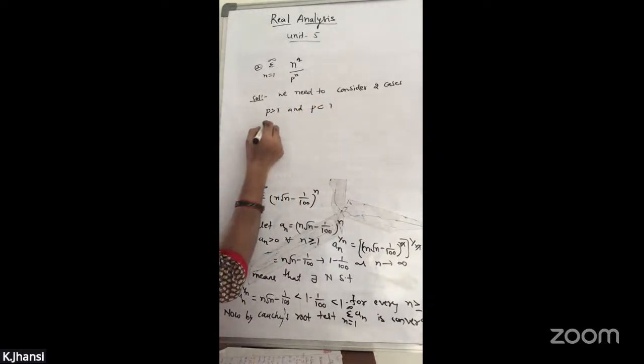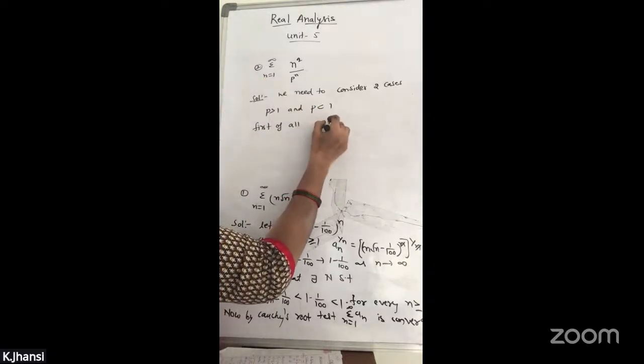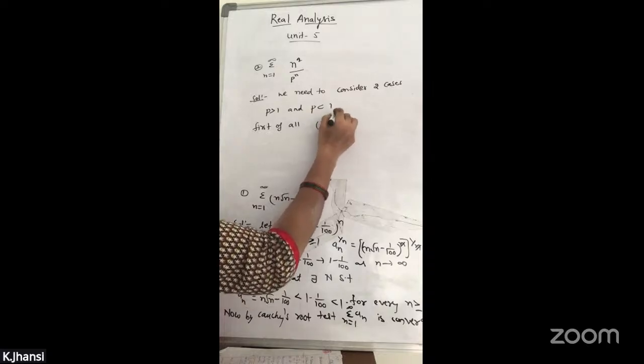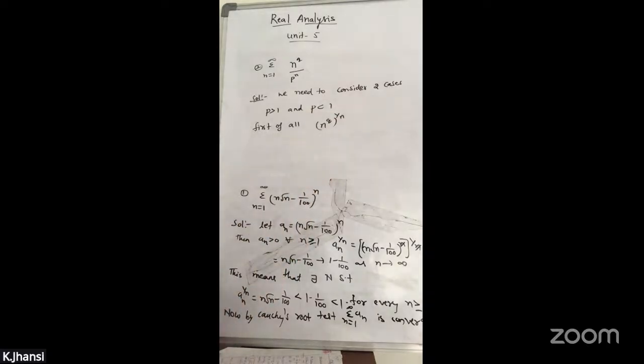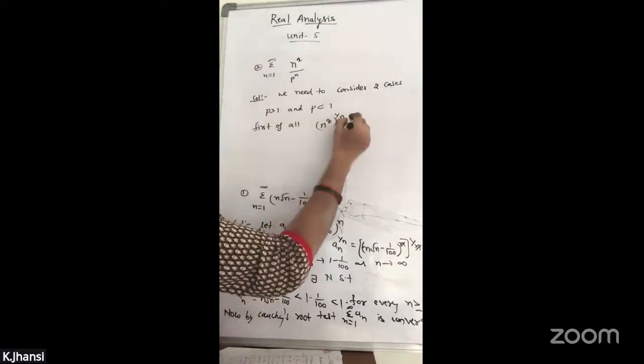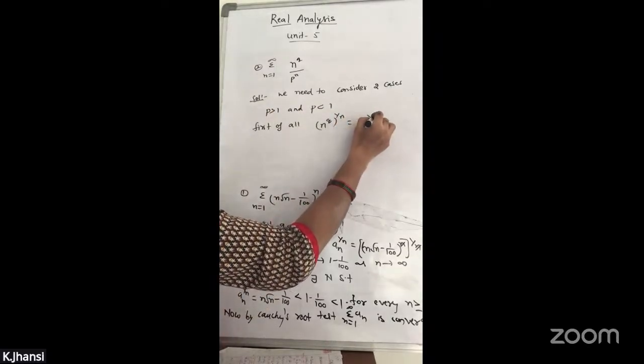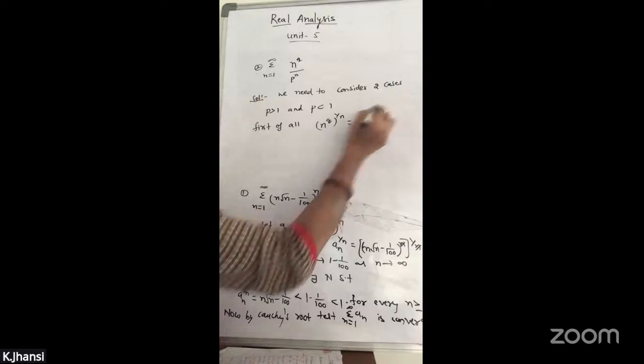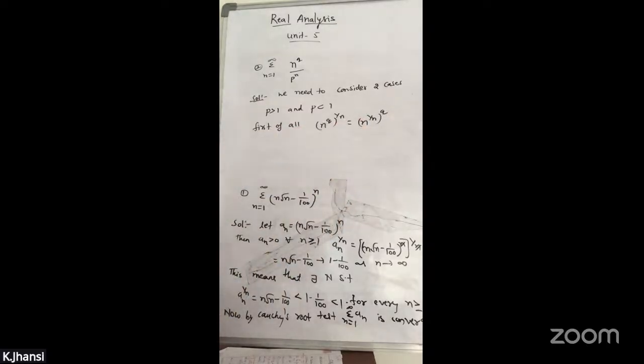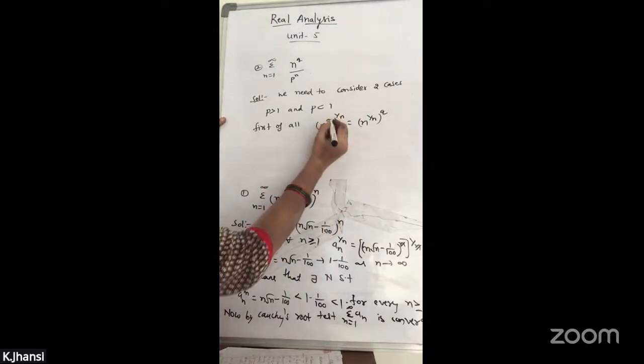Okay. First of all, n to the power of q, whole to the power of 1 by n. This value is equal to n into, if you take the power inside, to the power of q. You are just interchanging here.